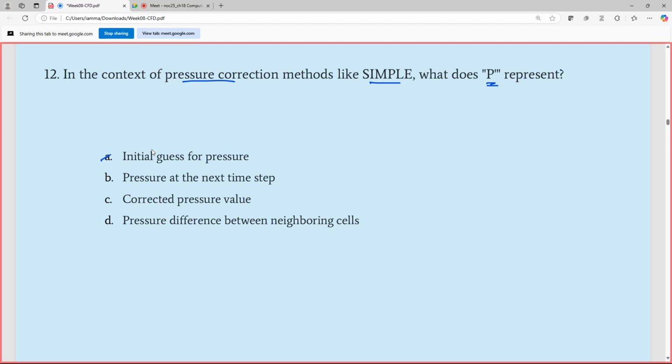Options are option A, initial guess for pressure, option B, pressure at the next time step, option C, corrected pressure value, option D, pressure difference between neighboring cells. The question says SIMPLE is an algorithm, and what does the P in SIMPLE represent?